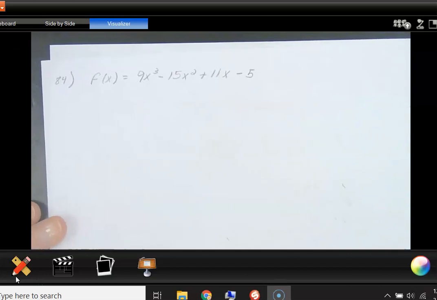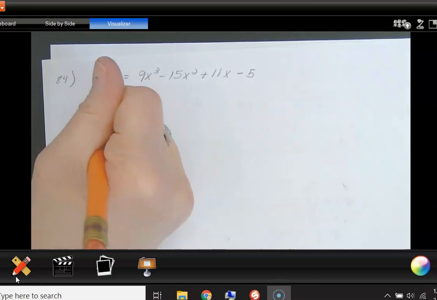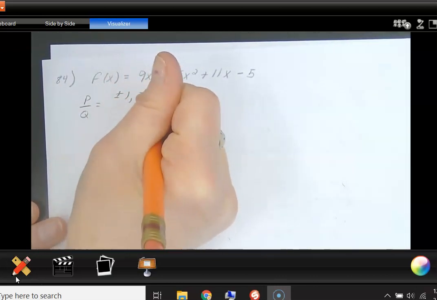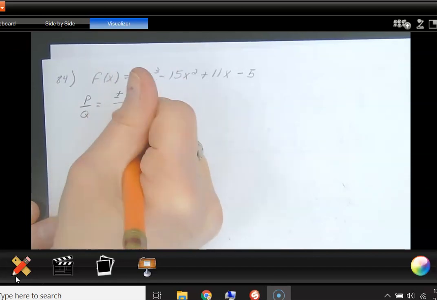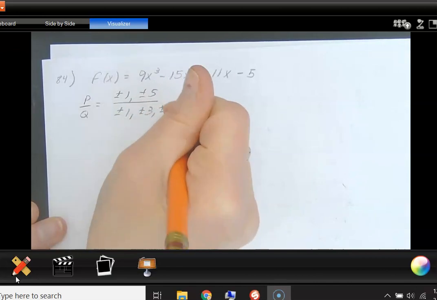There's one more that was requested. And it's from the same problem set, so we're going to do our P over Q here. Plus or minus 1 and 5 over plus or minus 1, 3, and 9.